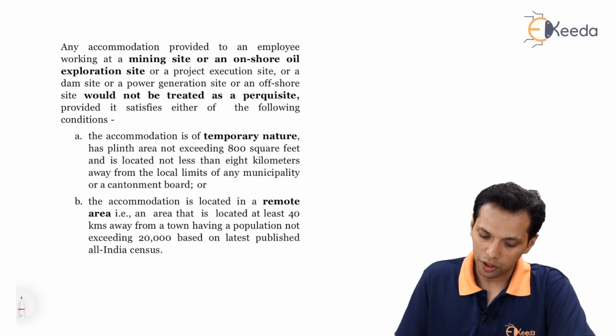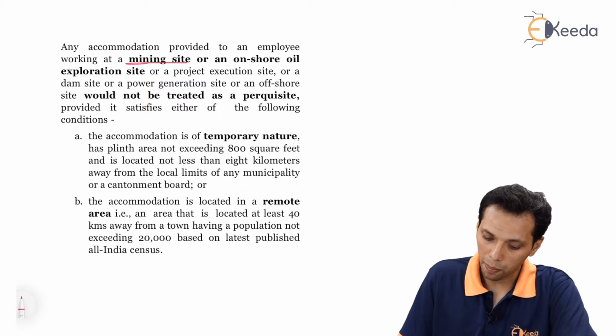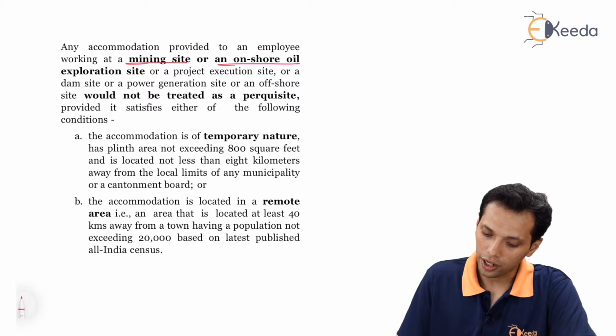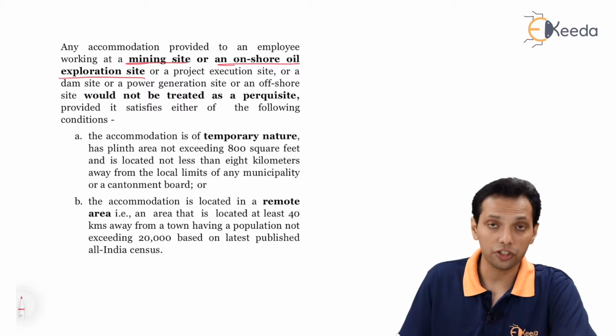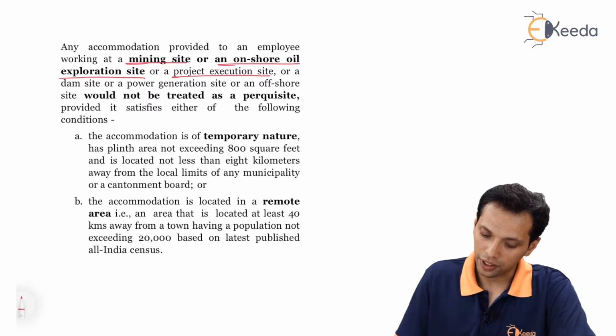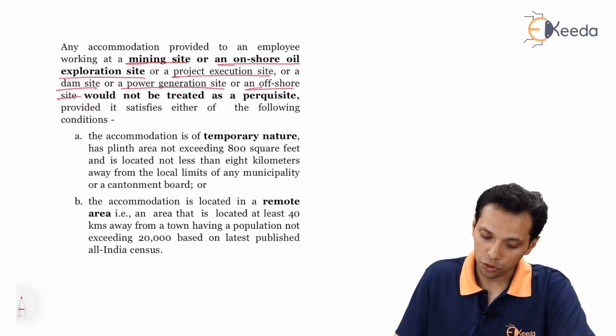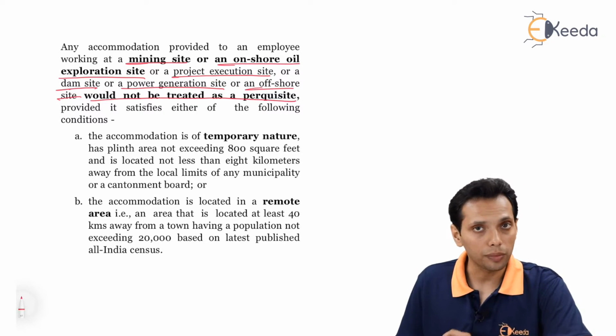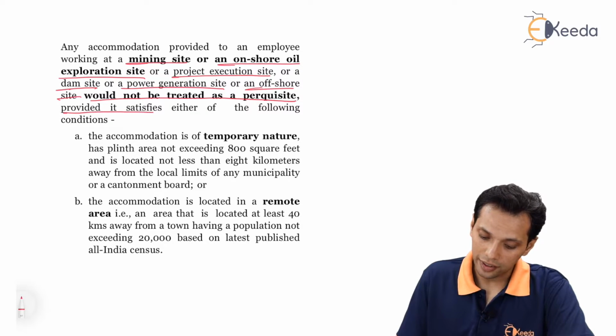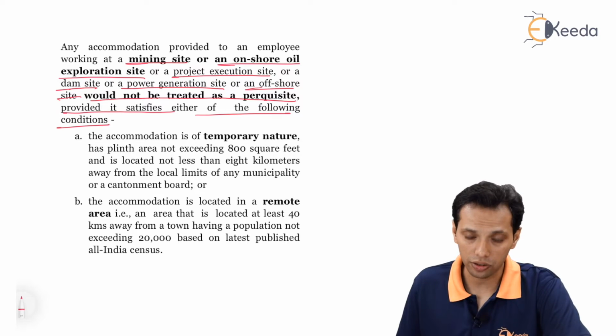The accommodation provided to an employee working at a mining site or an onshore oil exploration site or project execution site, dam site, power generation site and offshore site would not be treated as a perquisite provided it satisfies either of the following conditions.